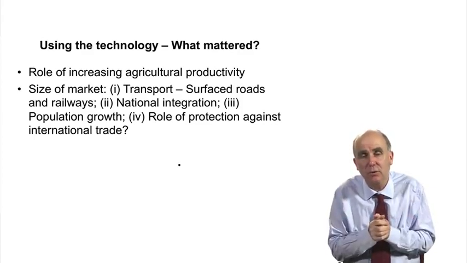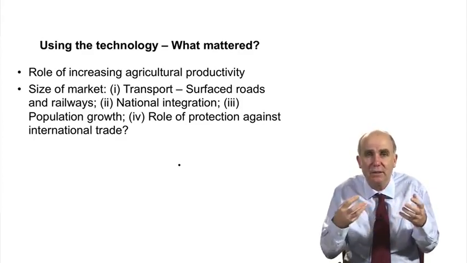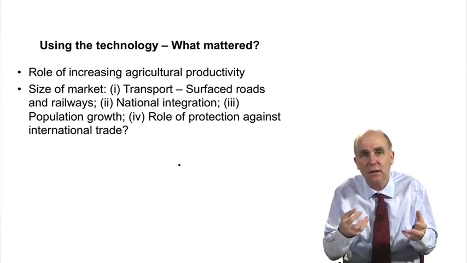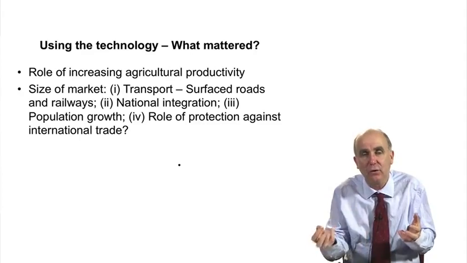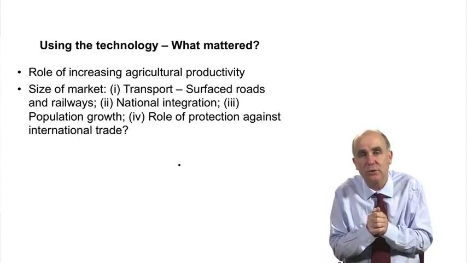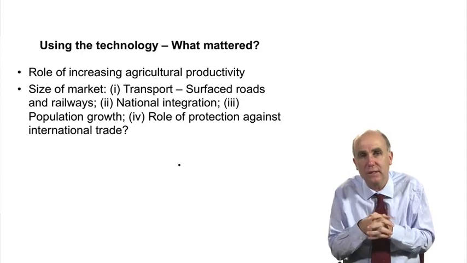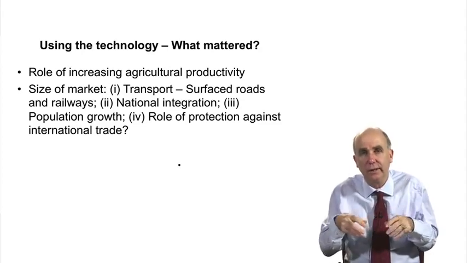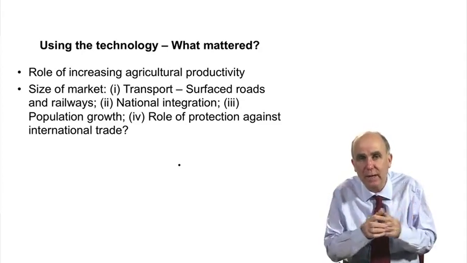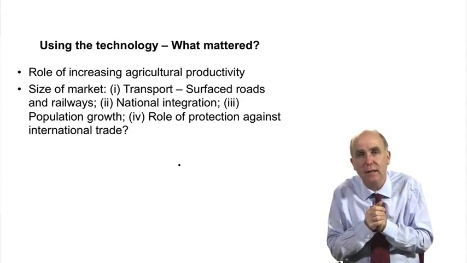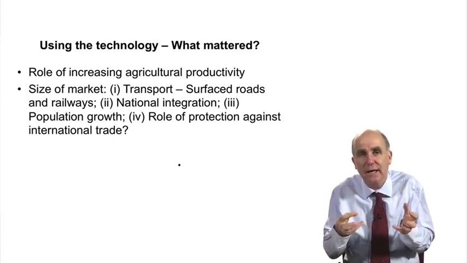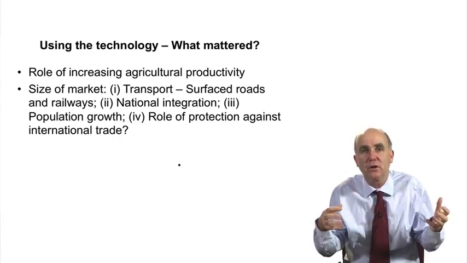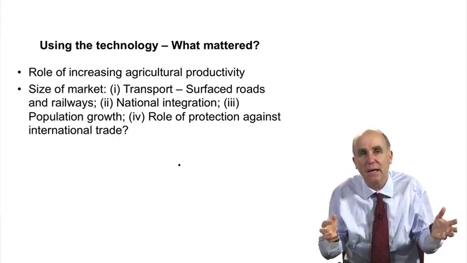Size of market was also important. So developments in transport, the surfaced roads, increasing railways were important for creating national markets that could be the basis of supplying a market for the new industrial products that were being produced. National integration was important. So for example, in Germany, the creation of the German Empire in the 1870s, the creation of a customs union within Prussia in the 1830s, again had the effect of reducing the cost of trading within a larger market.